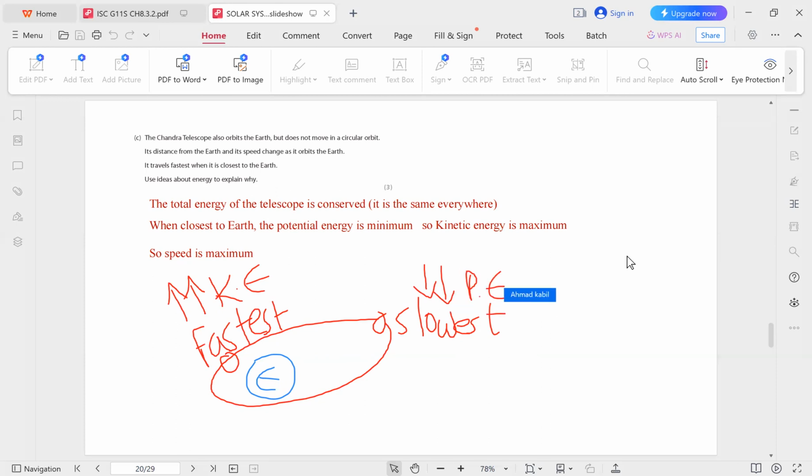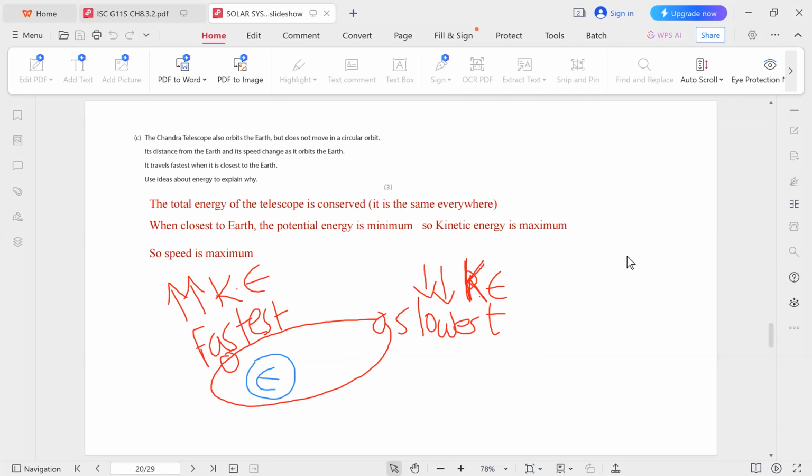However, the total energy of any body that is rotating or moving or whatever, the total energy is conserved. So the fact that it has high kinetic energy at some point, excuse me, I'm very sorry, this is low kinetic energy, not low potential energy. I'm very sorry.